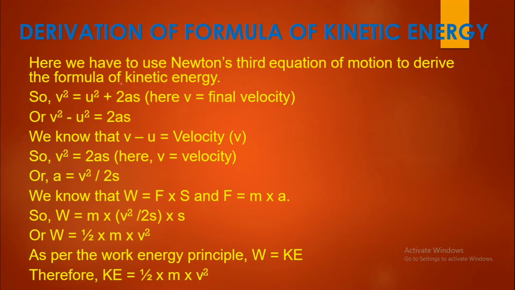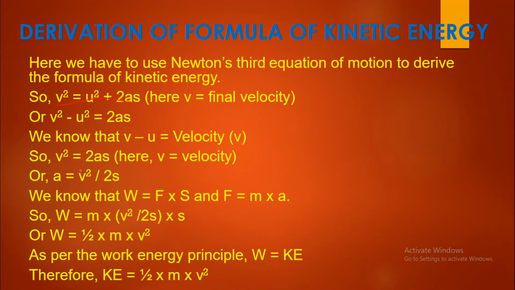So here we have used Newton's third equation of motion to derive the formula of kinetic energy. We know that V square is equal to U square plus 2AS. We can also write this as V square minus U square is equal to 2AS. Remember here V is final velocity. We know that V minus U is velocity, means final velocity minus initial velocity is velocity.